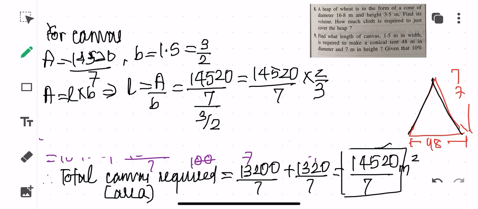When you are calculating this, children, if you just divide this, I'll be quickly doing this. This is equal to 9680 divided by 7. So this will be equal to how much? 1.